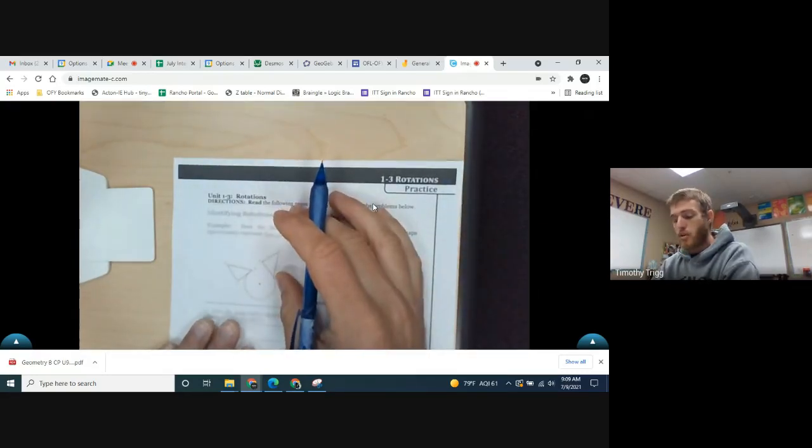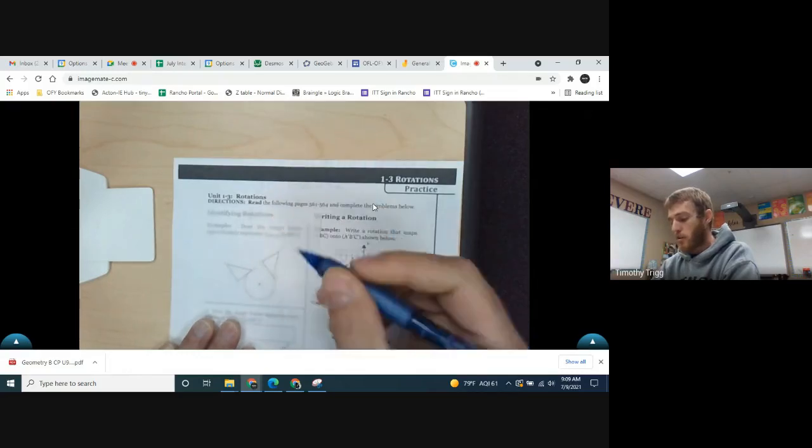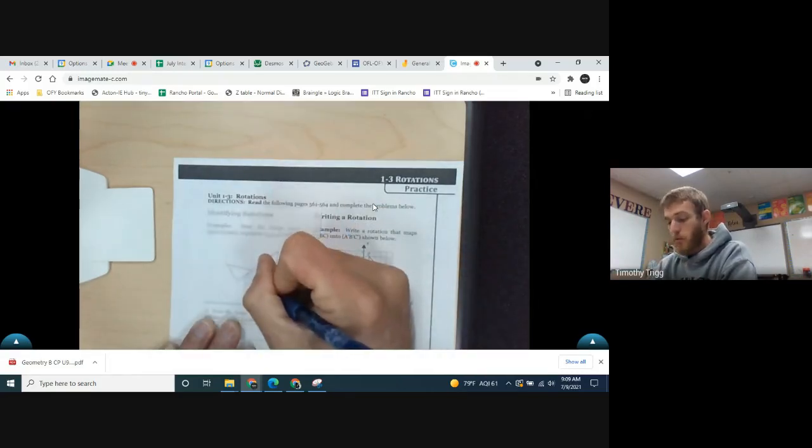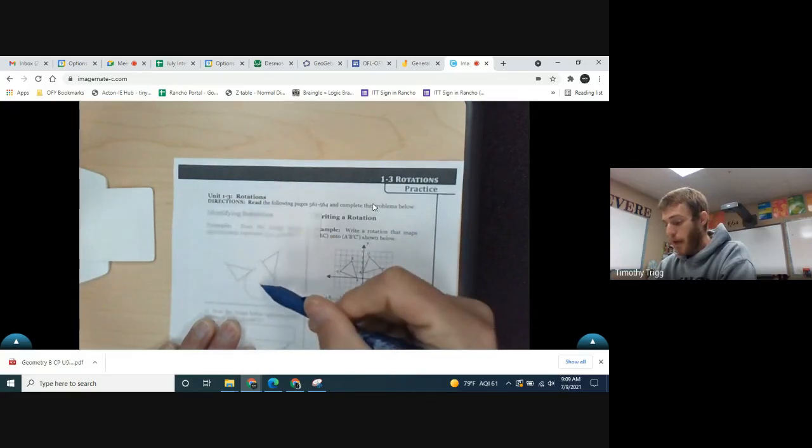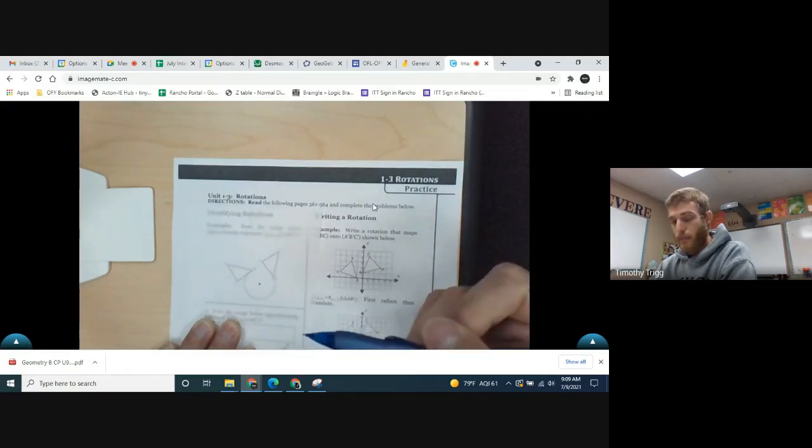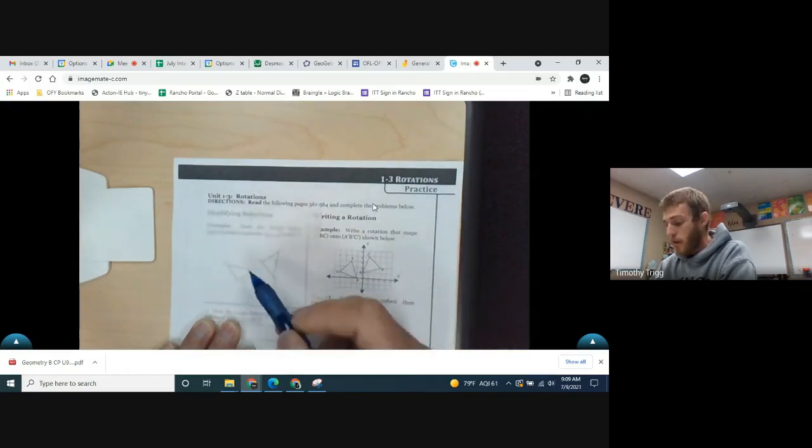The way you use the tracing paper for rotations is, the first thing I want to do is put a point at the point of rotation. So there's a point of rotation. I'll go ahead and darken that. Then I want to trace the original, the pre-image.